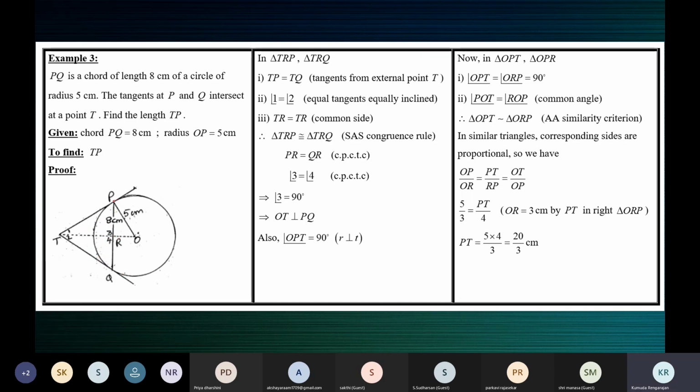This triangle, see here, this triangle, and this triangle, you can show are congruent to each other. Once they are congruent, by CPCTC, you will get angle 3 is equal to angle 4.